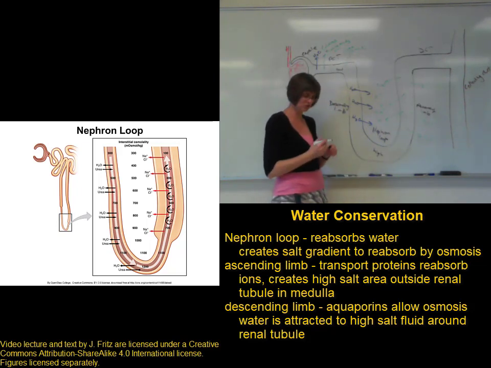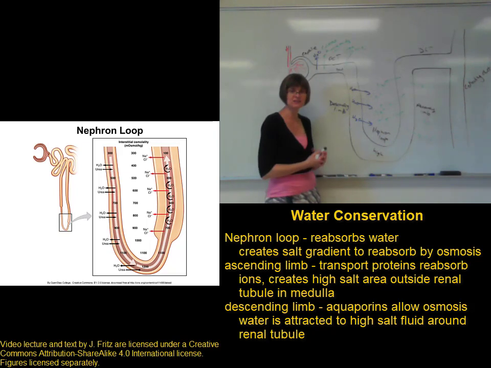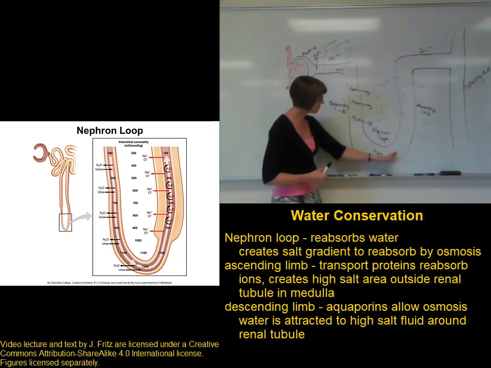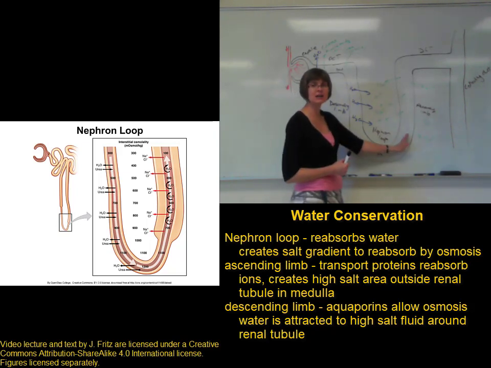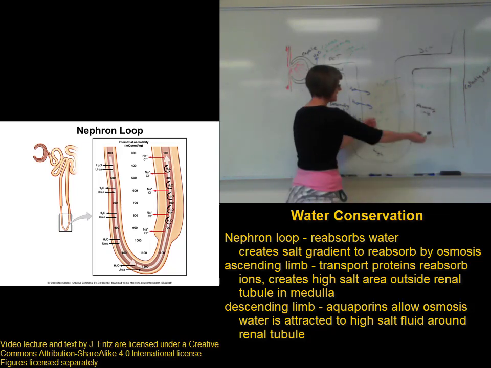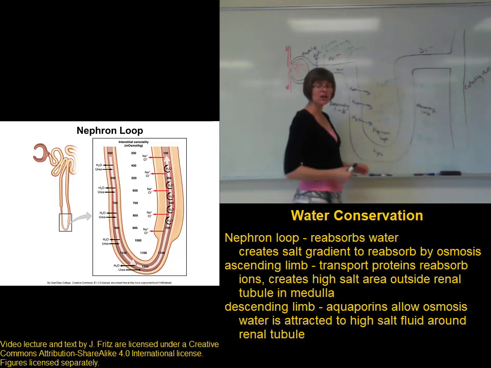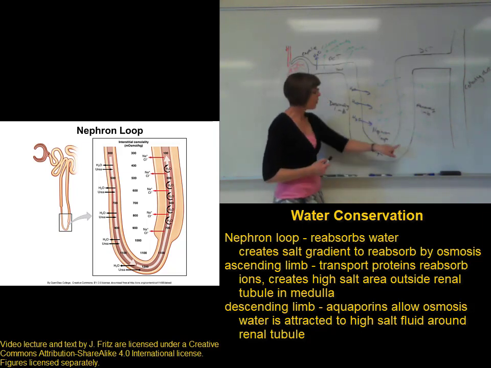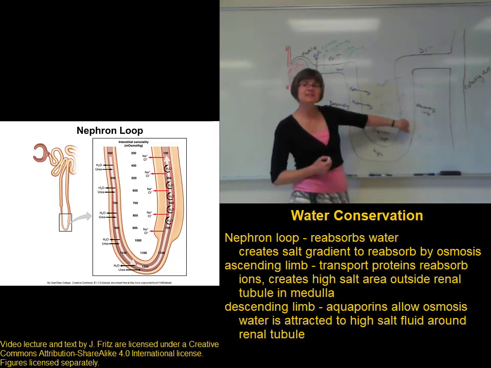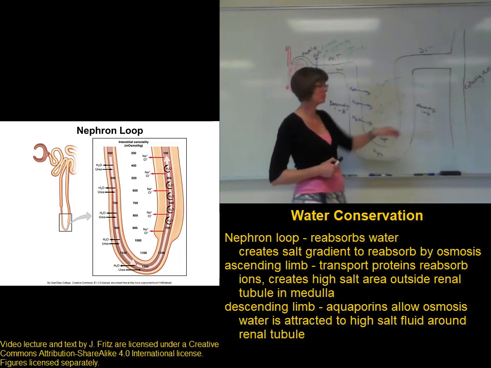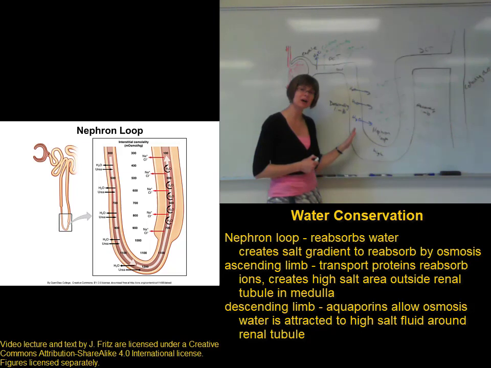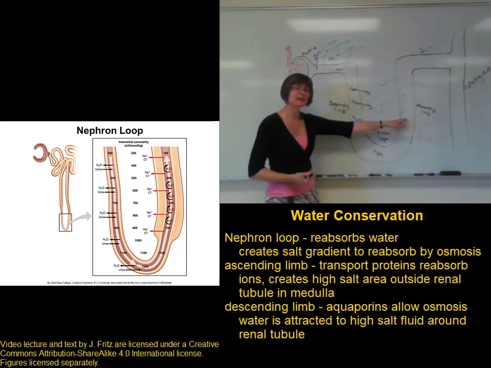Not very much water, lots of solutes. That's what makes it so easy for the transporters coming up the ascending limb to kick out all of that salt, because it was very highly concentrated, so it wants to get out. Water does not leave the ascending limb because there are no aquaporins in the ascending limb of the nephron loop. The descending limb has lots of aquaporins, so water can get out, but not the ascending limb.